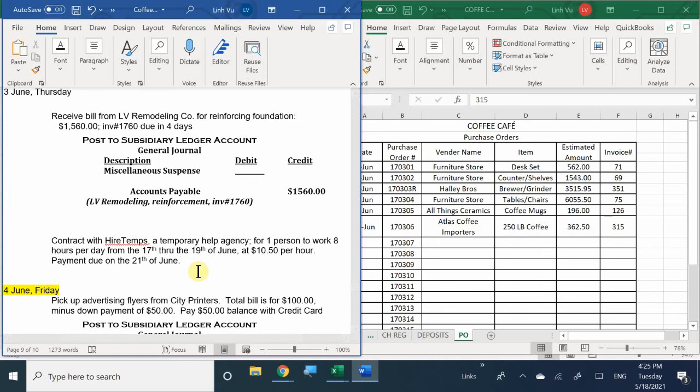And how long are we planning to have them work for? Just a couple days. One person to work a full 8-hour shift for 3 days, right? The 17th, the 18th, and the 19th. So where can you place this piece of information when Hire Temps sends us a bill?